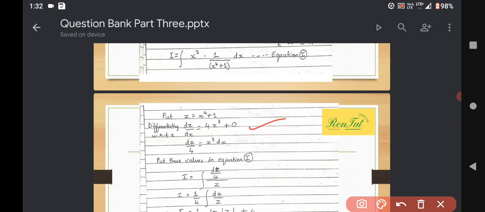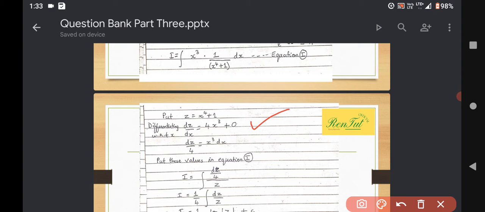Second step, we differentiate with respect to x. dz divided by dx is equal to, if you take the derivative of x raised to 4, you will get 4x cube. The 4 will come before, and x raised to n minus 1 would be x raised to 4 minus 1. The derivative of 1 would be 0 itself, that is why 0 is mentioned.